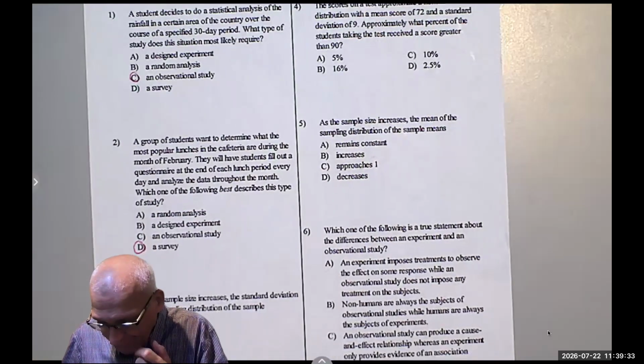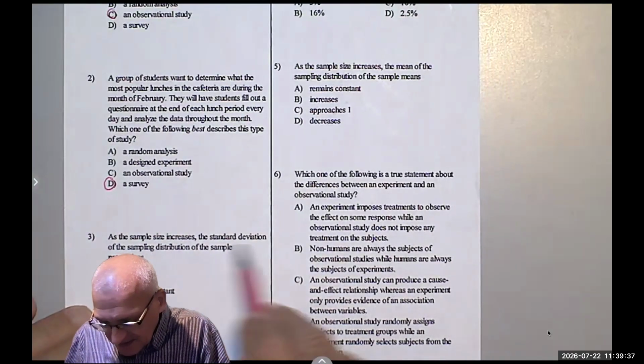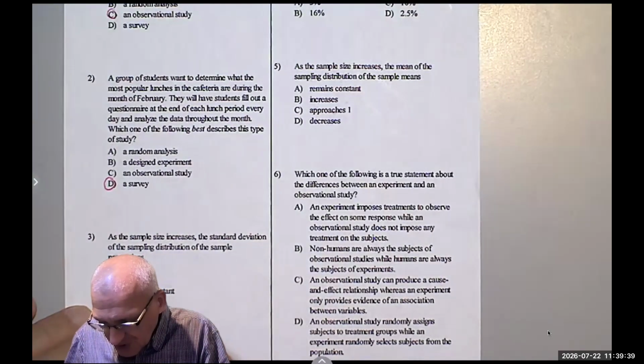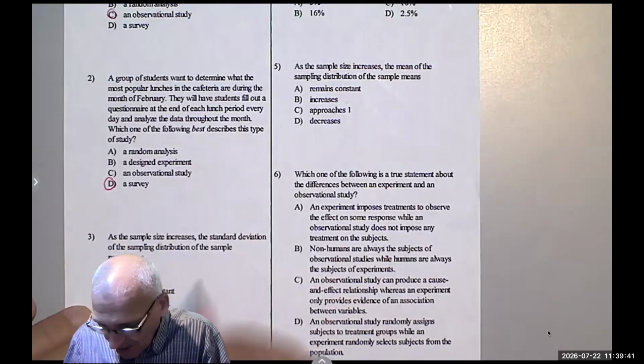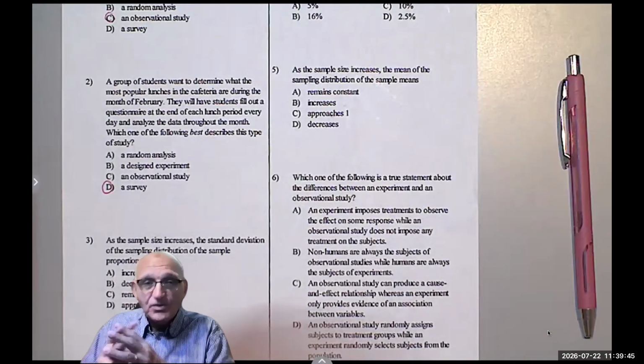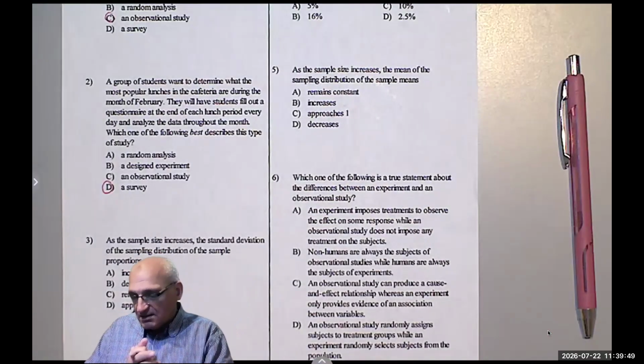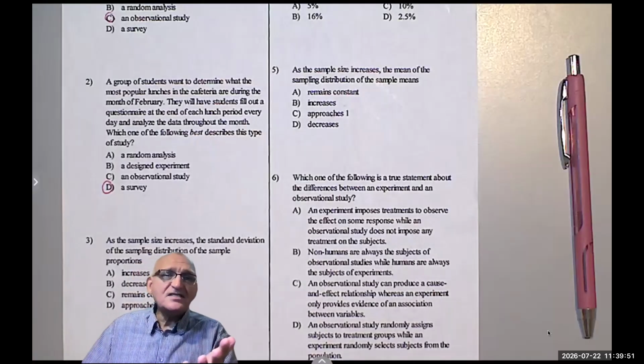And as the sample size increases, the standard deviation of the sampling distribution, of the sample proportions or means or anything, always decreases when you increase the sample size. The reason is so easy.